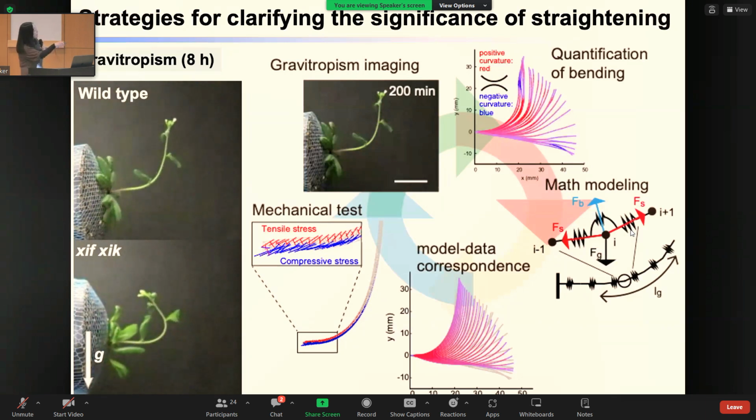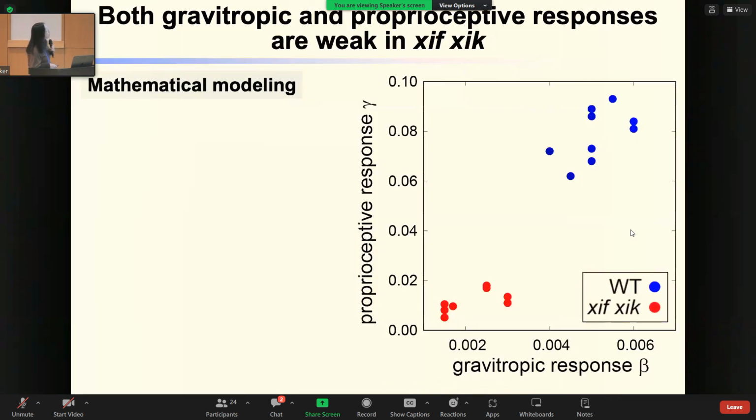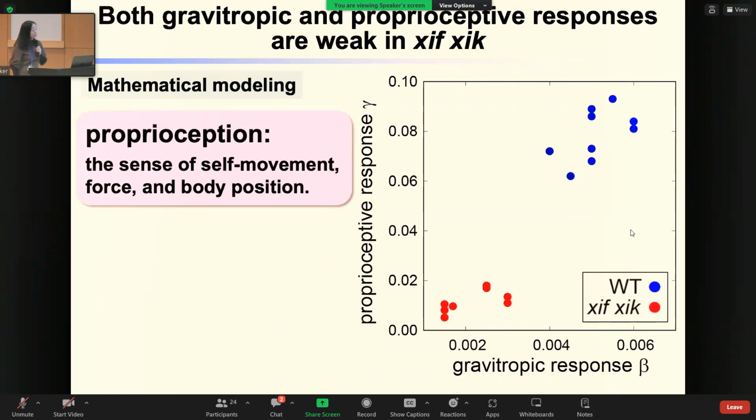The angular elastic springs are controlled by 2 parameters. First is the gravitropic response, beta, and second is the proprioceptive response, gamma, described in a published article. Proprioception means the sense of self-movement, force, and body position.